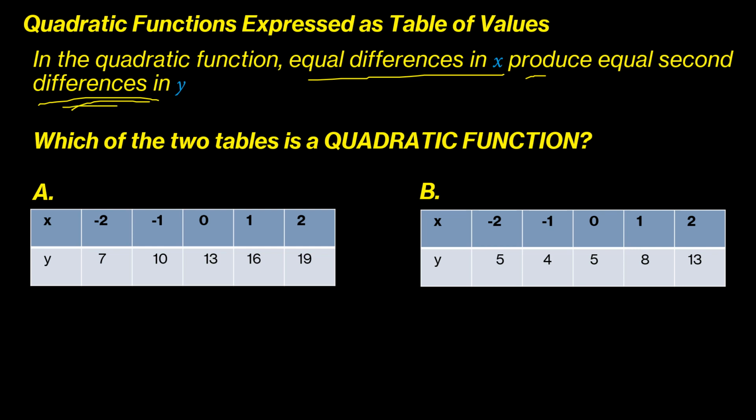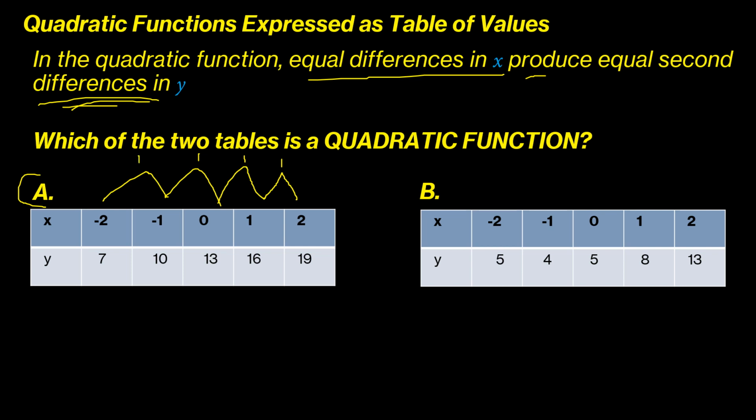So for example, this table A here. If we subtract the x's, 2 minus 1 is 1, 1 minus 0 is 1, 0 minus negative 1 is still 1, and if we continue the process, negative 1 minus negative 2 is still 1.